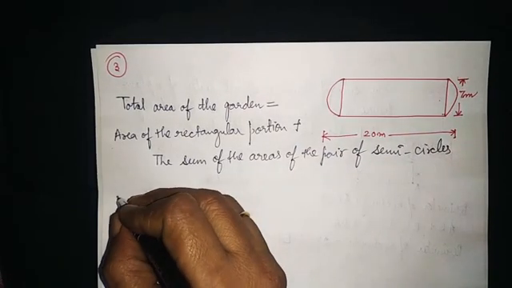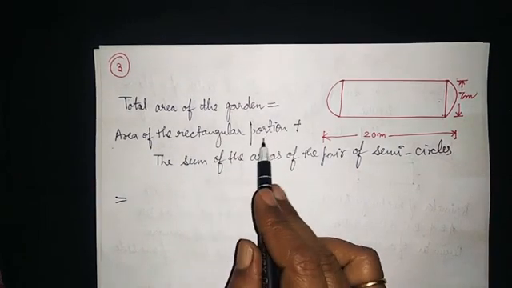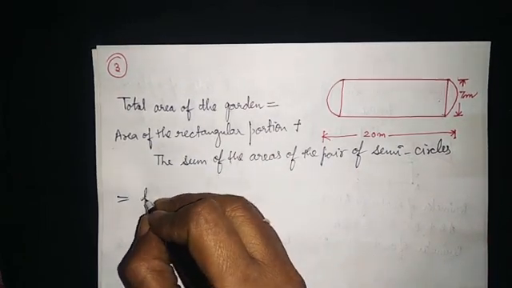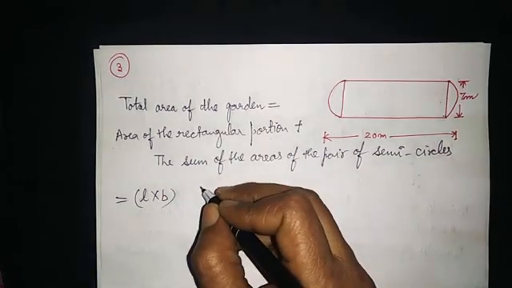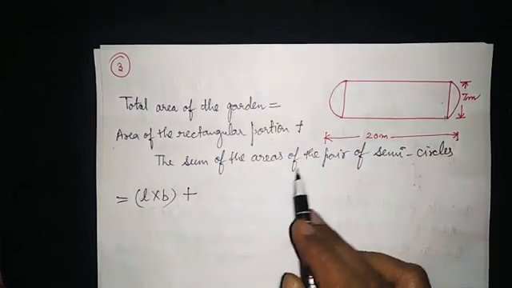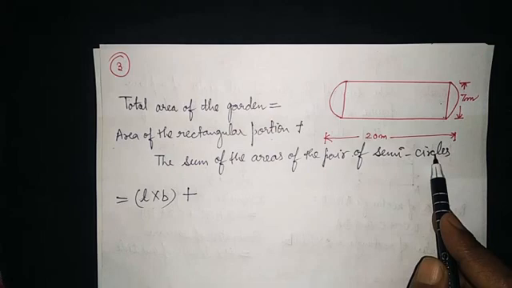Here, for the area of the rectangular portion, what can we write? Length into breadth, plus the sum of areas of the pair of semicircles.